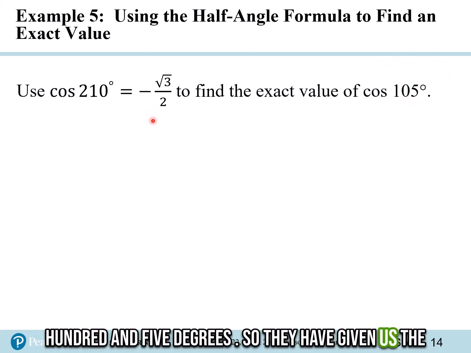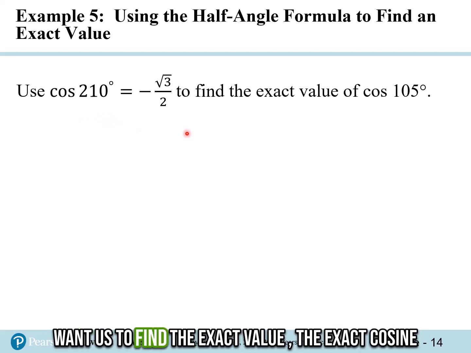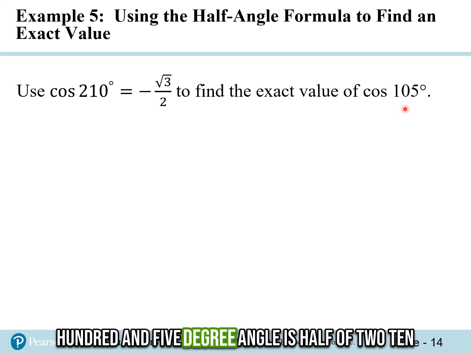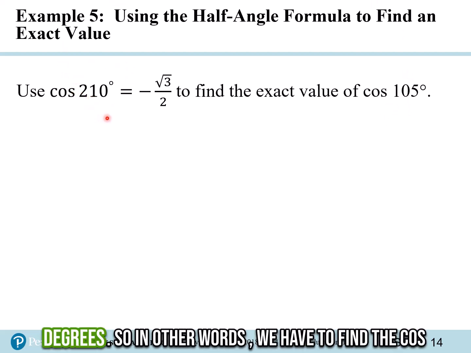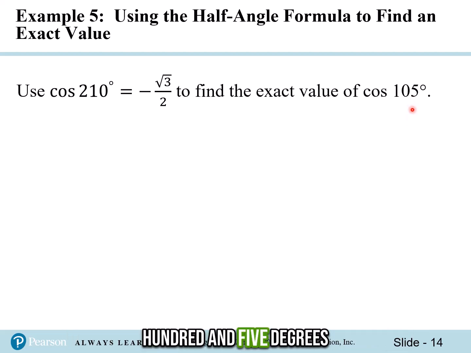So they have given us the cosine ratio of the angle 210 degrees, and they want us to find the exact cosine ratio for the 105 degree angle. So the 105 degree angle is half of 210 degrees.